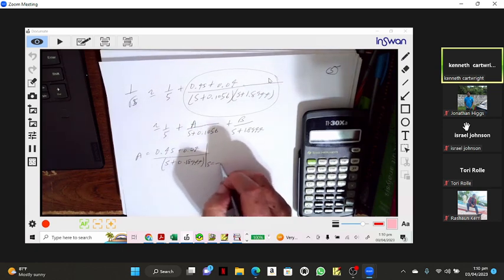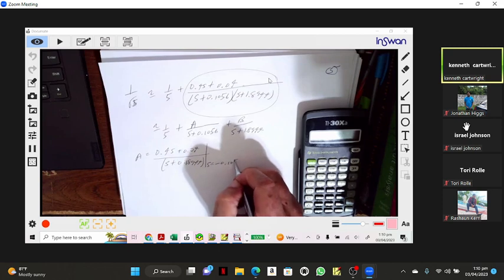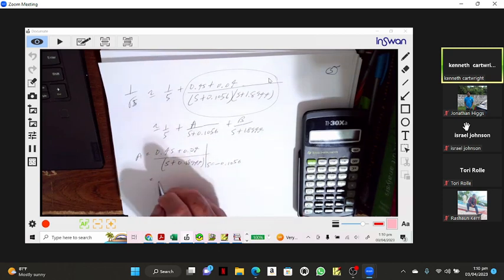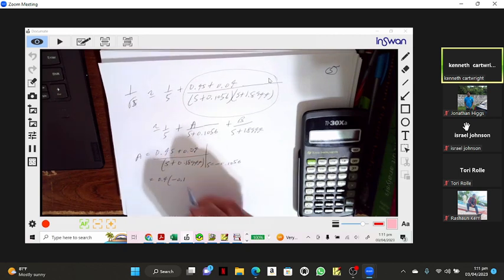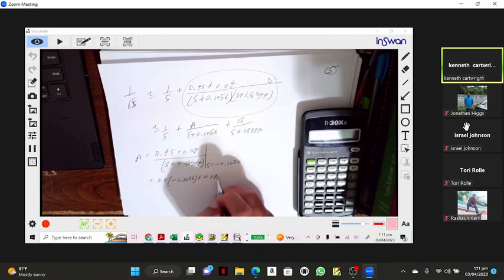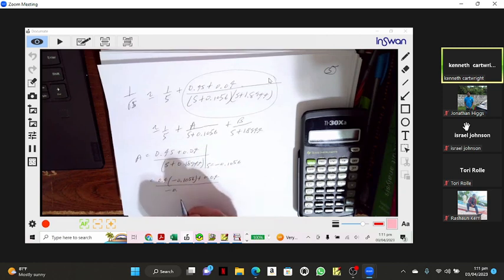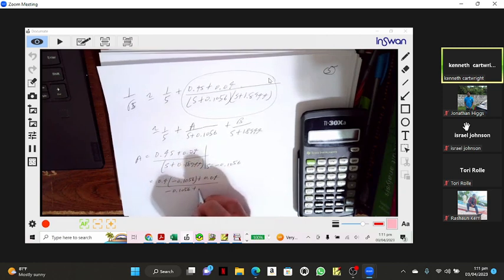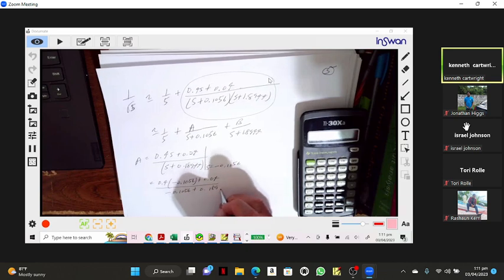Evaluated at S equals negative 0.1056. So that's 0.4 times negative 0.1056 plus 0.04, over negative 0.1056 plus 1.8944.